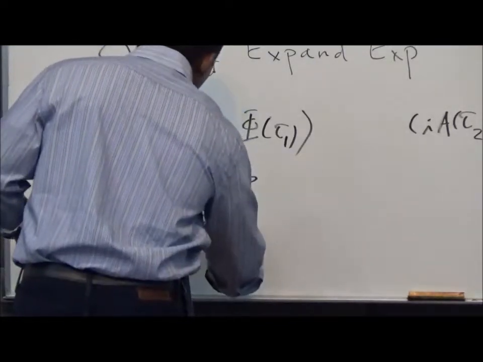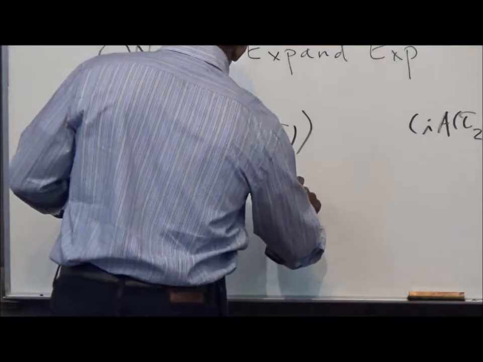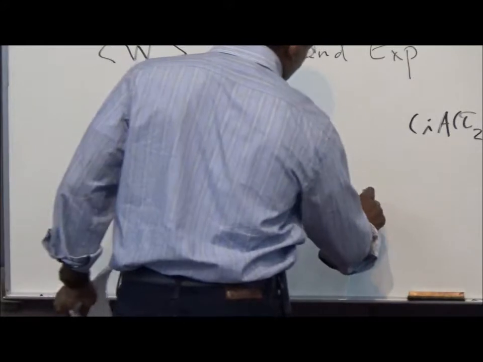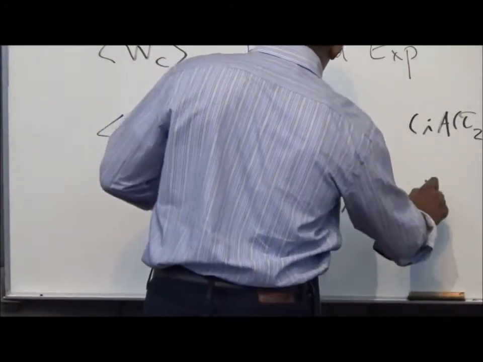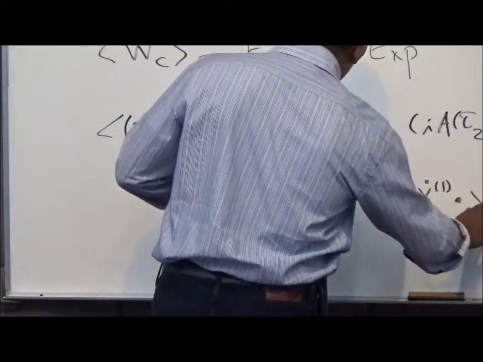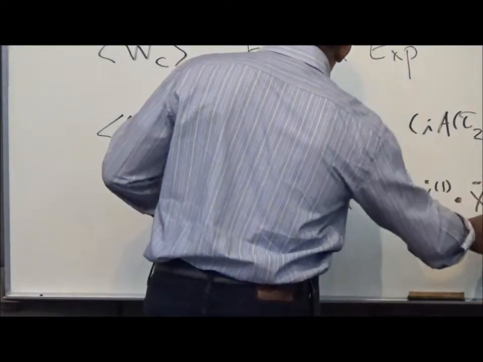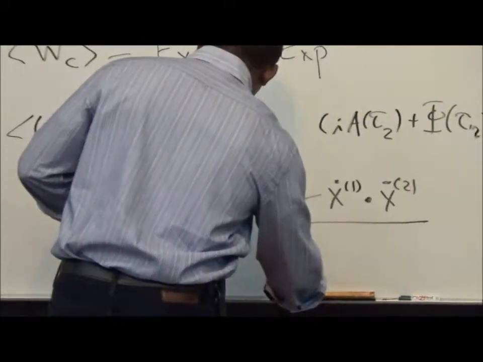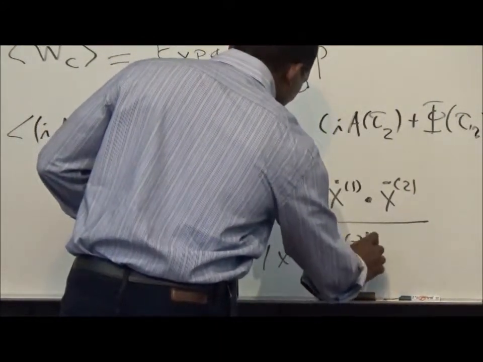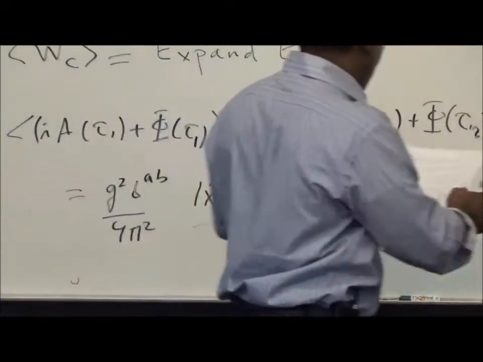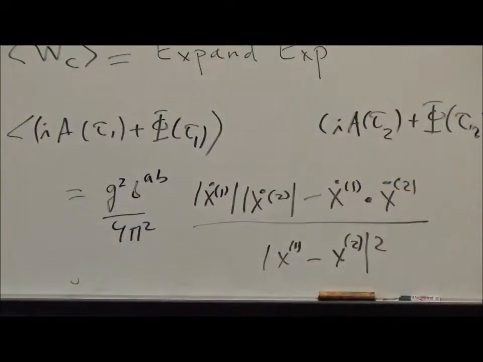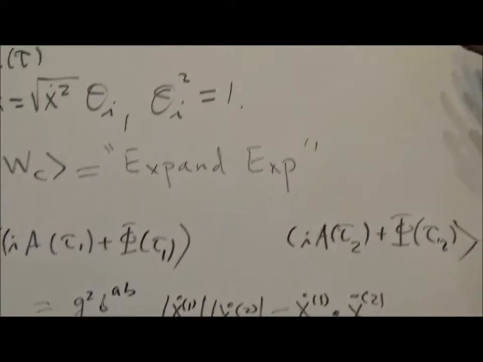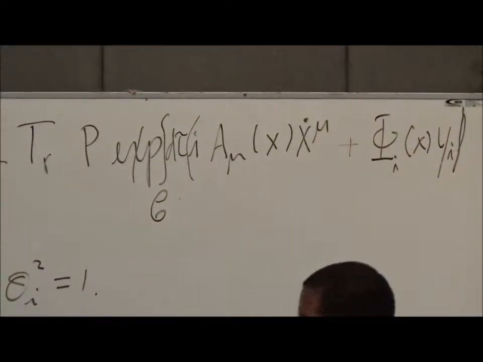Then I have 4 pi squared, and a numerator with the scalar term minus x dot 1 dot x dot 2, all divided by x1 minus x2 all squared. So what is going on? This is a term that appears as I'm trying to evaluate this perturbatively. This is the first non-trivial term, and I want to evaluate it.